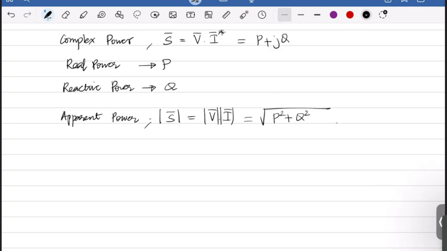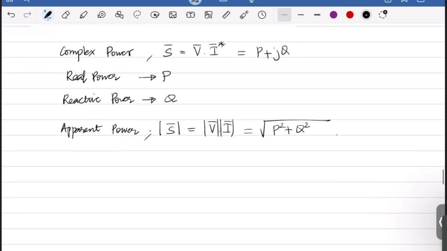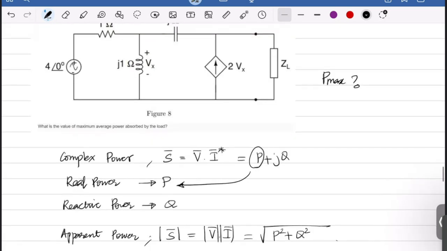Now coming back to complex power, you know that the real part of your complex power is your real power, which is the average power, which is asked in the problem.